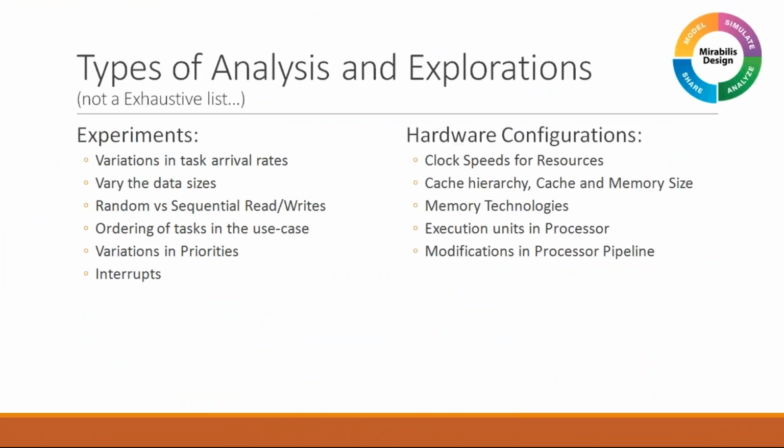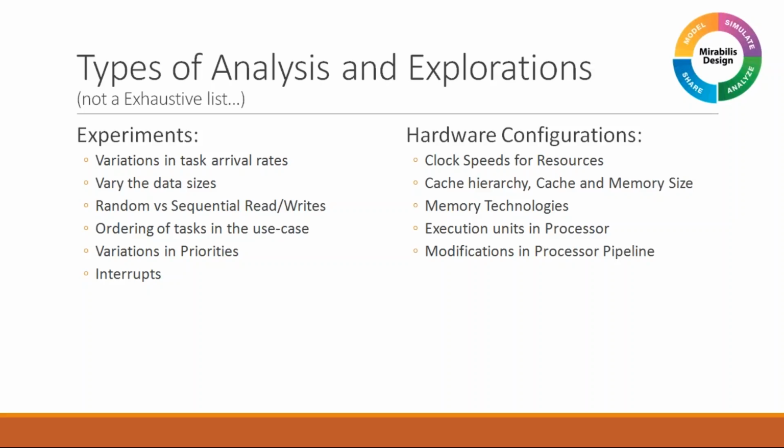The types of analysis and explorations you can consider include variations in the task arrival rates. What happens if instead of receiving a task request every 1 microsecond, I'm receiving it every 10 nanoseconds? Whether my processor is going to handle that much traffic or not.